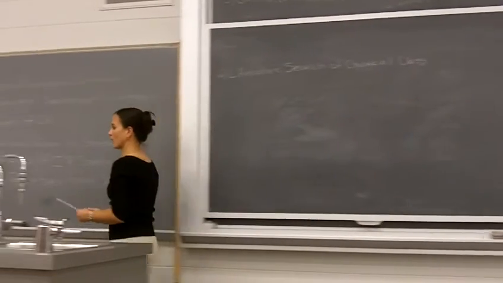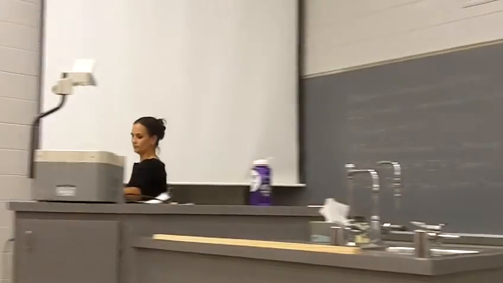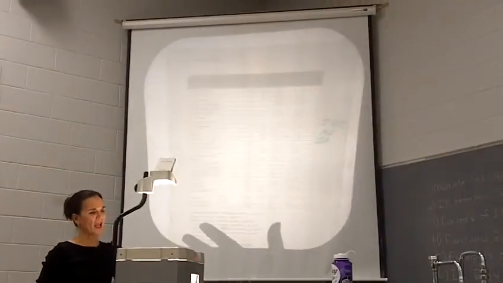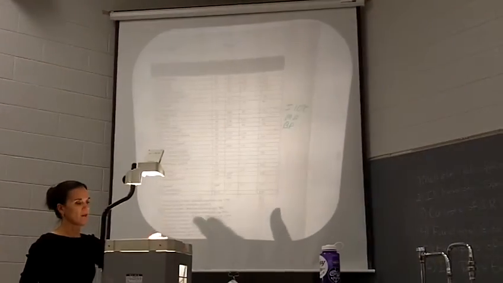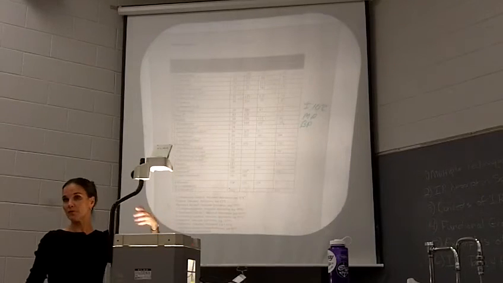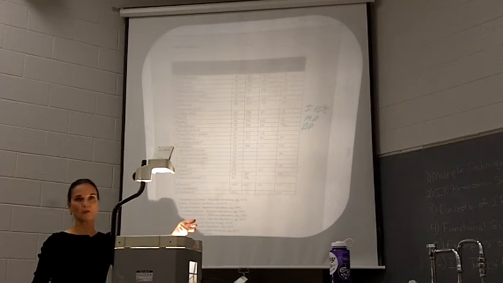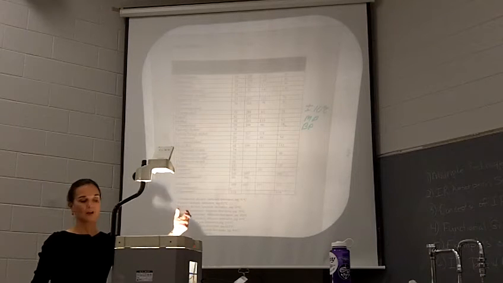So in the back of your lab manual are lists and lists of compounds, okay? And they are broken up by functional group. So you need to know the functional group, and then you need to know either the melting point or the boiling point of your unknown, okay?